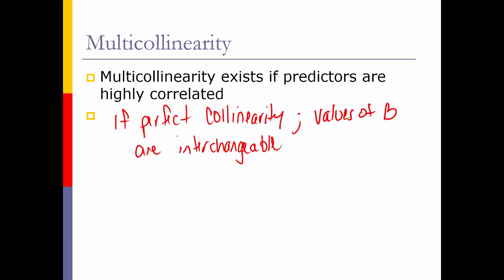So all multicollinearity says is you've got two predictors that are in the model that are telling you exactly the same thing. A really good way to avoid this is simply remove one of those predictors.